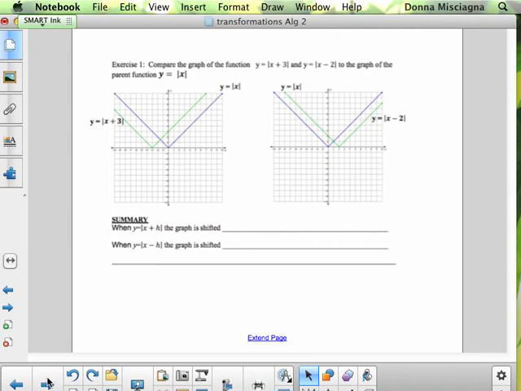All right, so we have y equals the absolute value of x plus 3, and y equals the absolute value of x. So now we can compare points again. On the parent graph, we have the point (0, 0). On the transformed graph, we have the point (-3, 0).